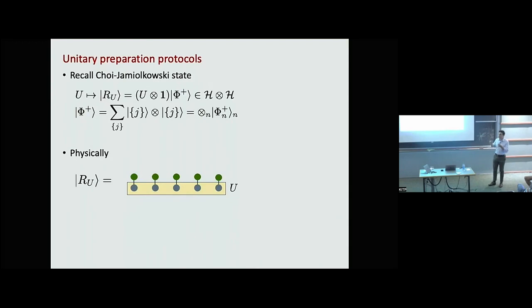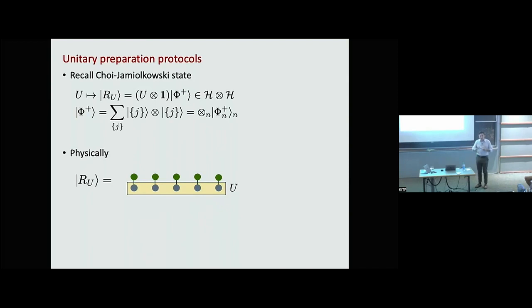And this construction has a corresponding physical process that in principle you could apply in the lab, which is the following. Suppose that you have your physical system. What you do to create really physically this Choi state is to append one ancilla per site and then generate Bell pairs between your qubit system and the ancillary system. And then you act with your unitary on the physical system. And this is a physical representation of your Choi state.